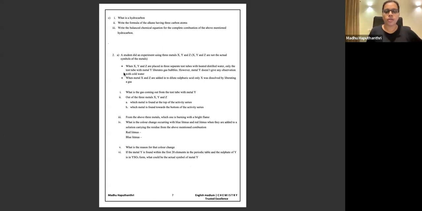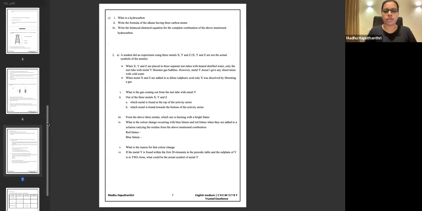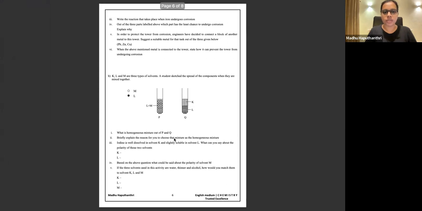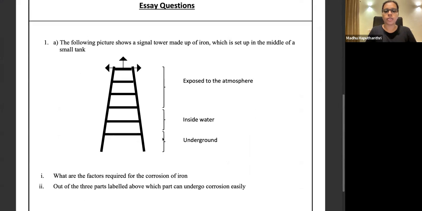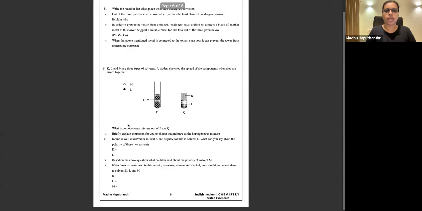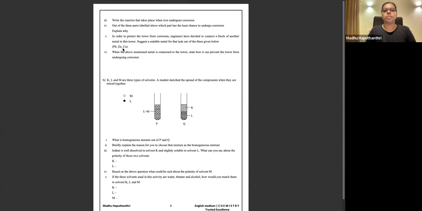Okay. So there's another concern I have to clarify related to the previous question. When it comes to the signal tower question, at the end, I was asking from lead, zinc, and copper, which one is suitable for protecting this one. And again, a question is whether this is cathodic protection or anodic protection.